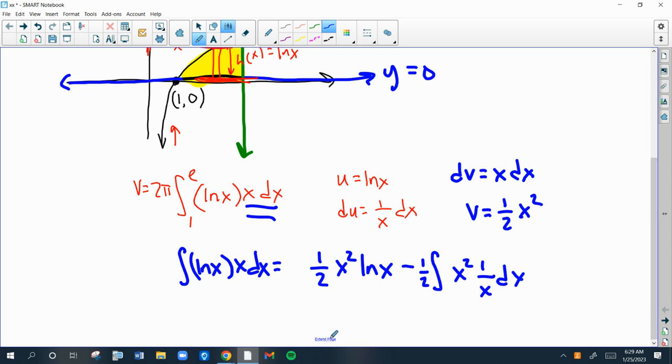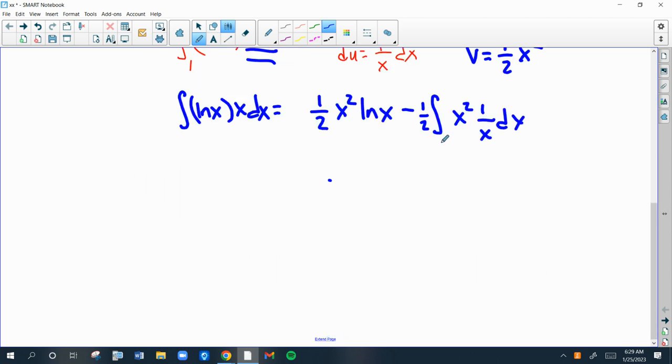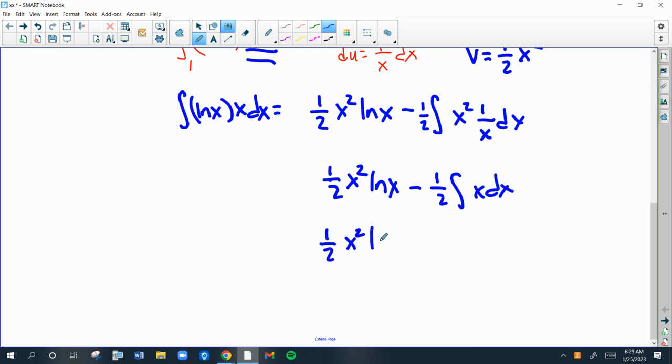It's going to work, because you know it works when the integral you're left with is integrable, and that's just going to be 1/2 times the integral of x. Perfect, easy. So my antiderivative turns out to be 1/2 x squared ln of x minus, integral of x is 1/2 x squared again, so 1/4 x squared. And that is my integral.